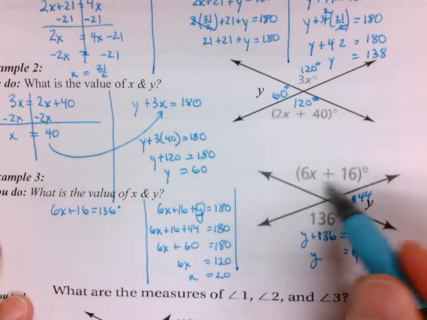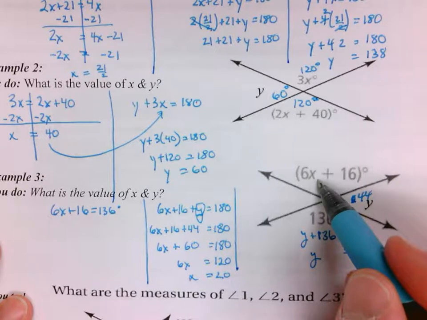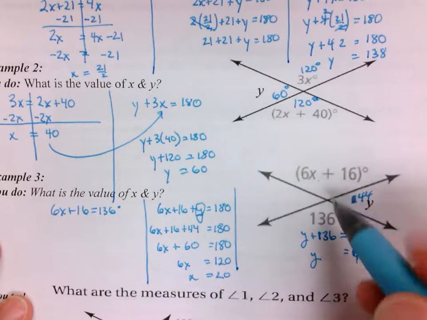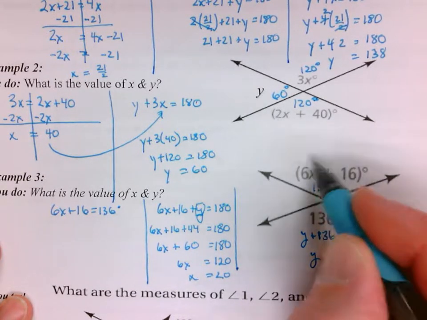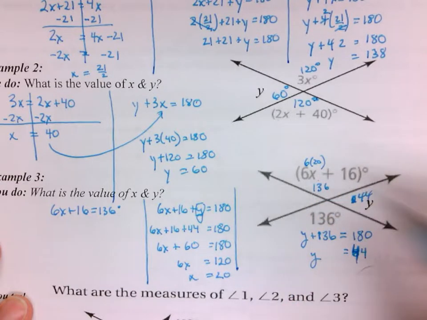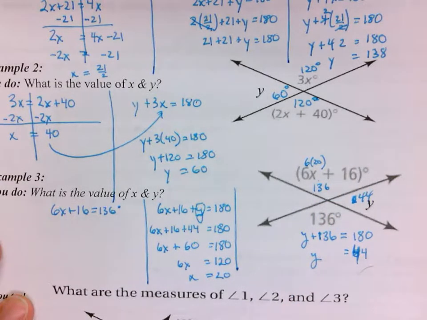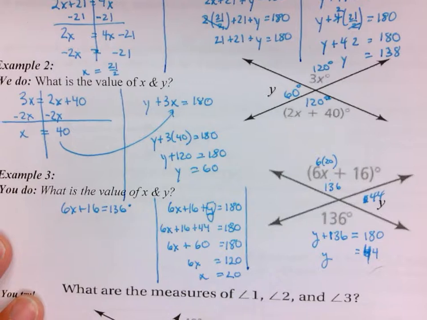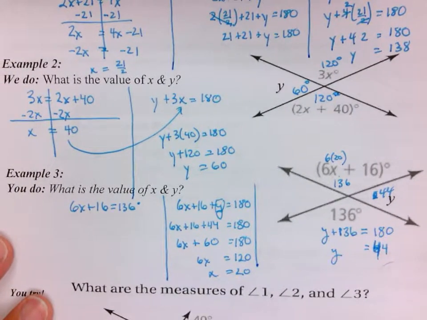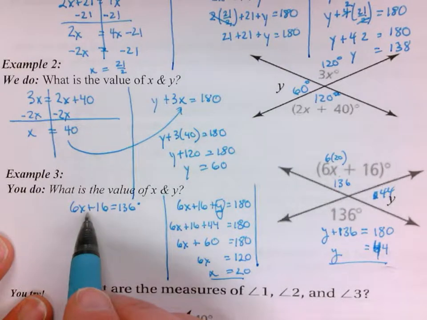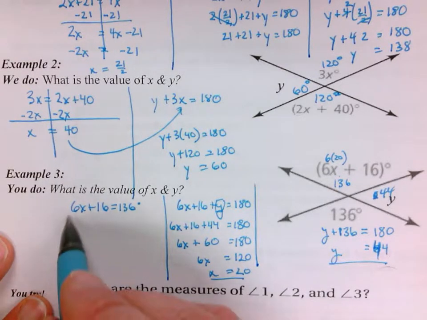Go and check. 6 times 20 is 120, plus 16 is 136. Those add up to 180. So I'm finding x, got it, y, got it. If you want to check, plug in your 20 right here, which we already did by looking at the angle.